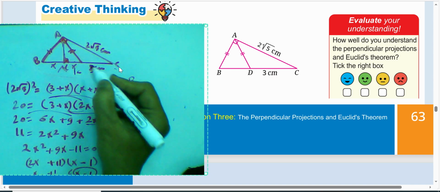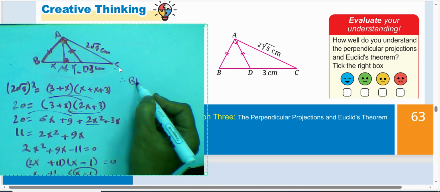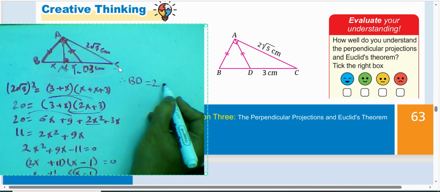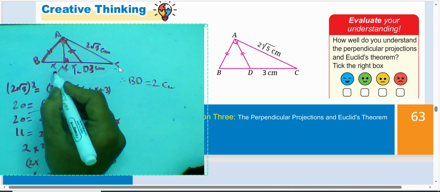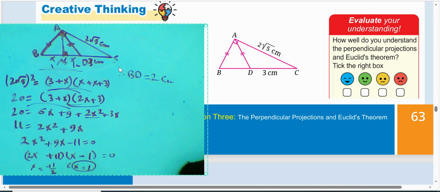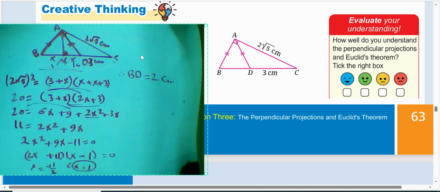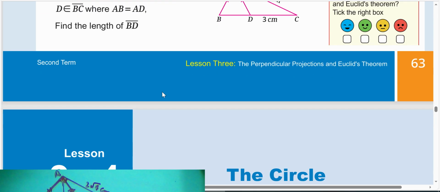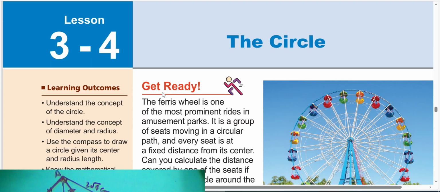Then BC or BD will be equal to 1 plus 1, because MD was 1 centimeter. 1 plus 1 equals 2 centimeter. Okay, you must know these steps. Finish the question. Okay, next question I will complete inshallah. Okay, goodbye.